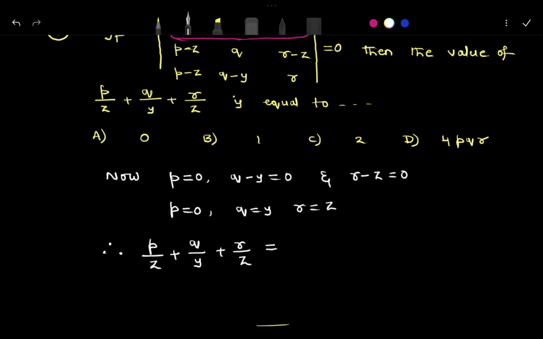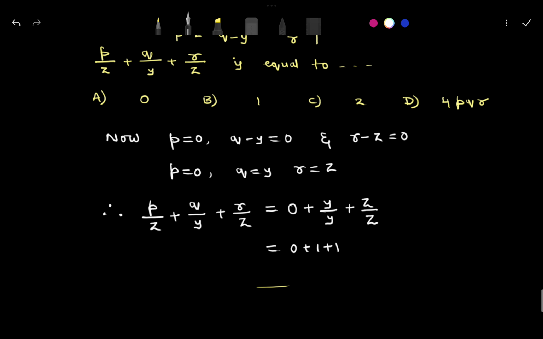P by z, p value is 0, 0 by something will be equal to 0, plus q value is y, so y by y, plus r value is z, z by z. So now this value will become 0 plus 1 plus 1. So your right answer will be equal to 2 is the final answer. So option C is the correct answer. I hope that everyone is clear on this one also.